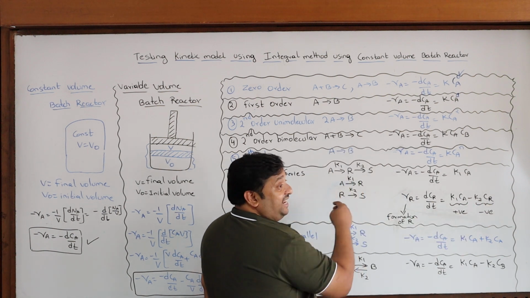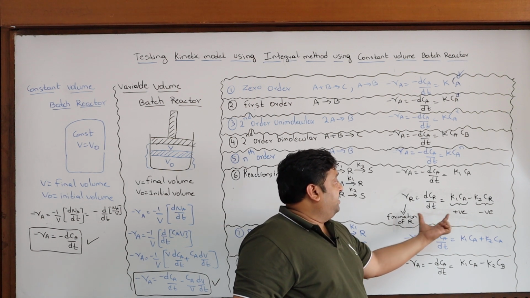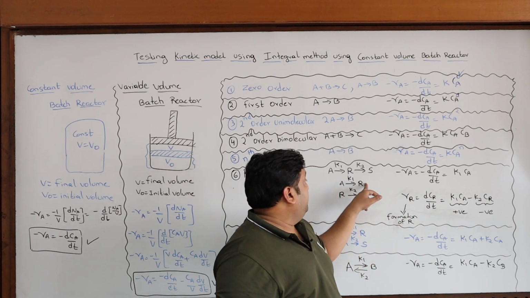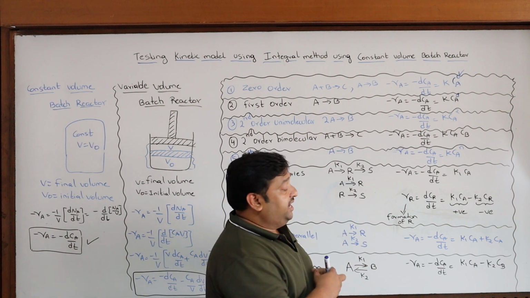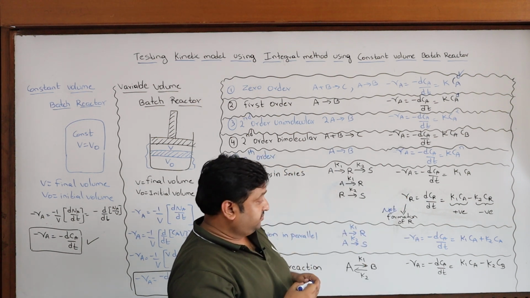Minus, because in the second reaction R is decomposing. This is normally called the net formation of R.